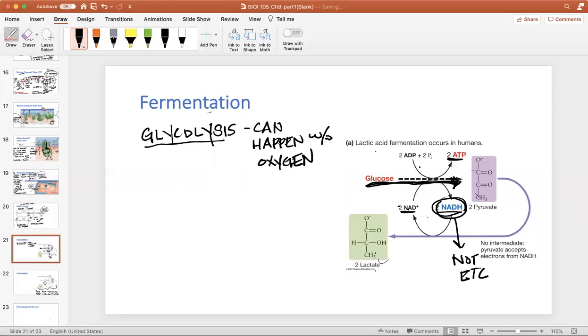So here's how we manage this. We manage it through a process called fermentation.